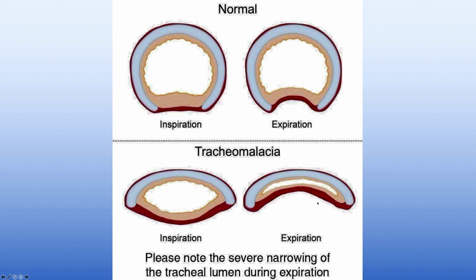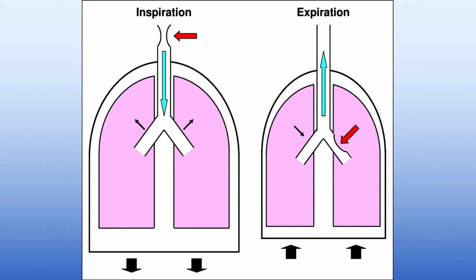Exhalation, it all collapses. And unfortunately, it doesn't let the air out when it does that. Another depiction, in the bronchus, where there's collapse on exhalation, would result in air trapping in this case in the left lung as the patient breathes out. The right lung in this depiction is unaffected.